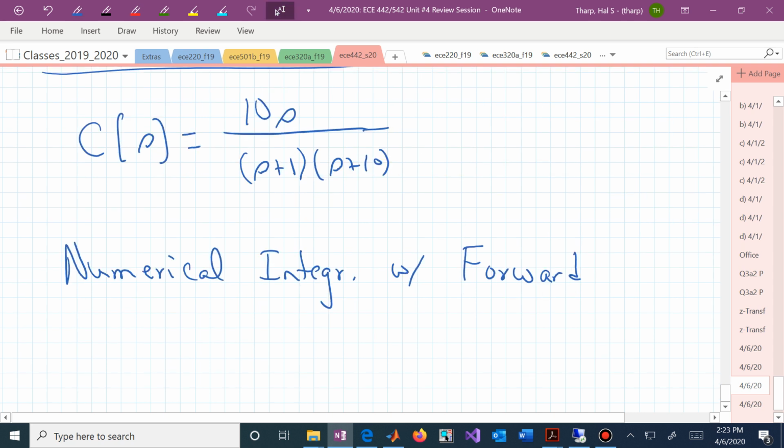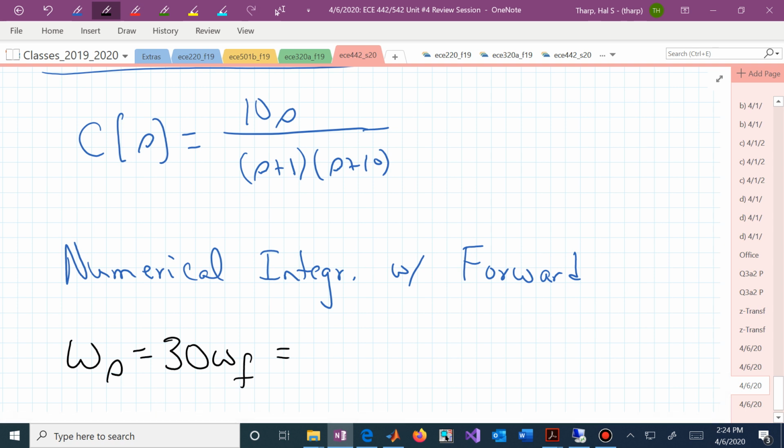If they said, I don't know, what is the sample period? Well, now again, you would say, oh, the sample period needs to be 30 times the fastest. And if we're not speeding this up, this is a bandpass filter. We're not trying to change the dynamic frequency of this system. Now omega sub f is associated with the pole at minus 10.